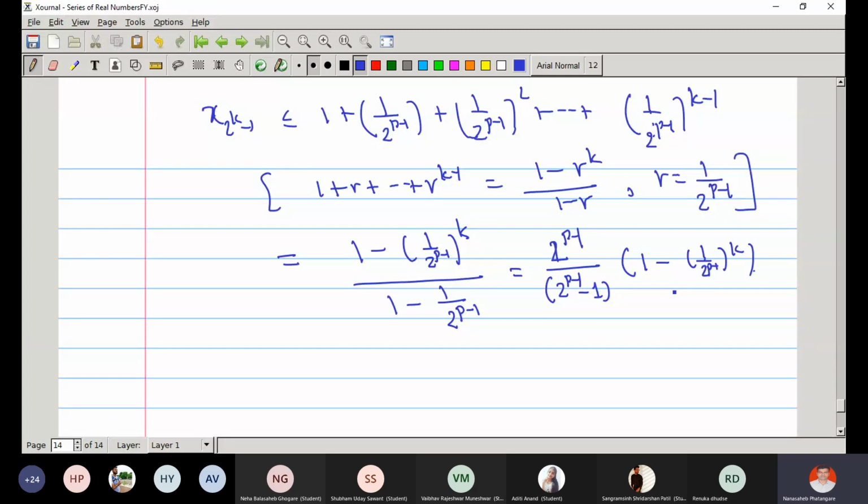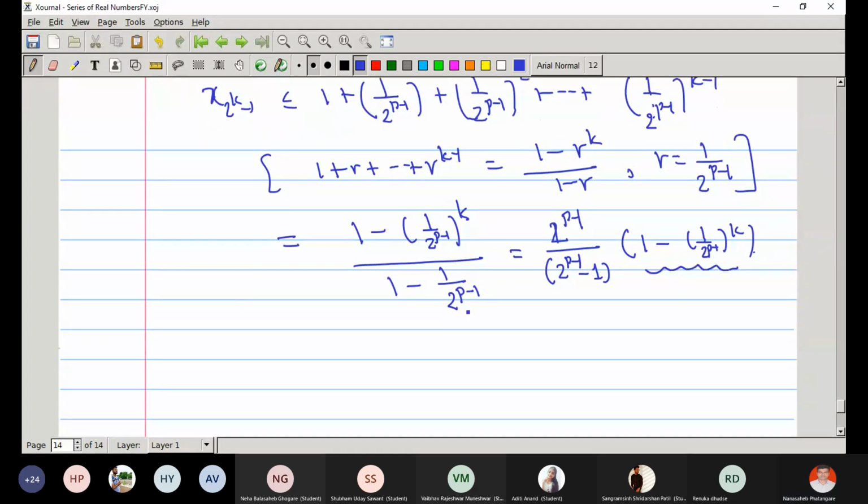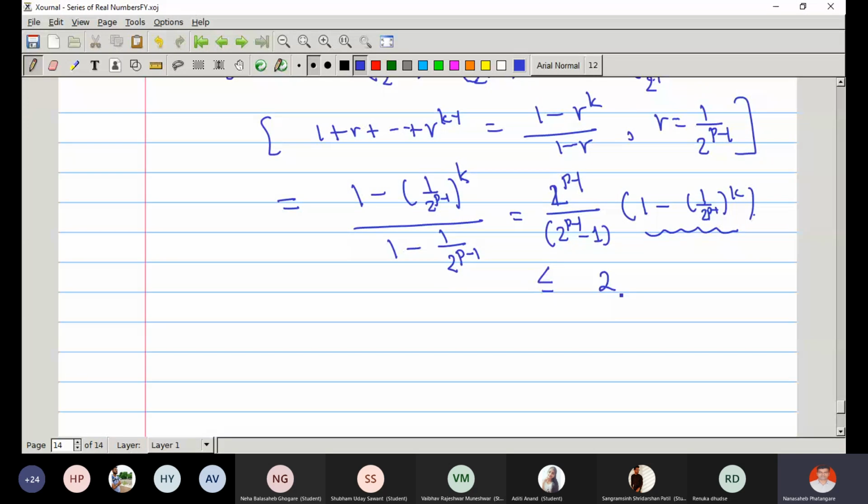But this bracket is less than 1, and this number is a constant now because we have already fixed some p greater than 1.